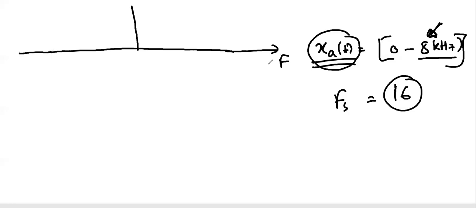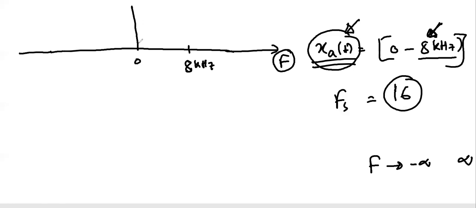This frequency, this F, what is the range of F? The range of F is from -infinity to +infinity. That is the range of capital F. Now, what is the range of x(t)? The range of x(t) is from 0 to 8 kilohertz. They are the original frequencies.